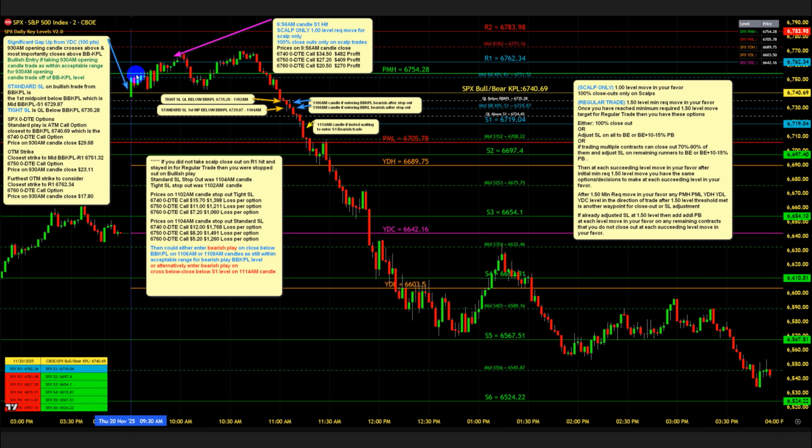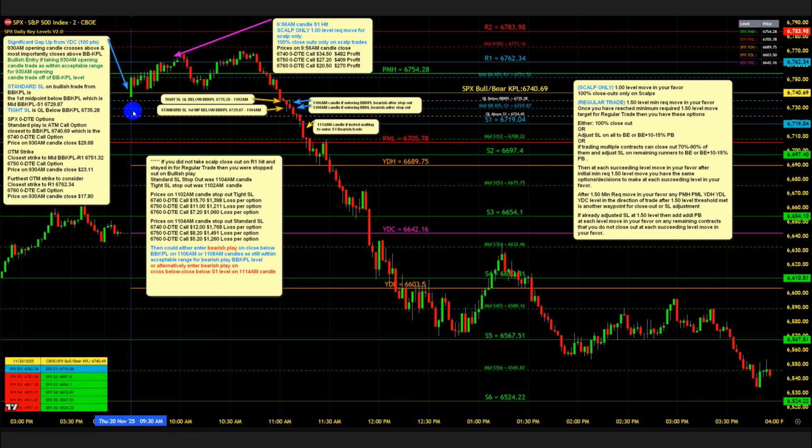The most important aspect, as I said, is where the opening candle is closing, as long as it is also within the acceptable range. So if it's closing above the bull bear KPL within the acceptable range, that's a bullish trade entry. And if it is closing below within the acceptable range, then that is a bearish trade entry.